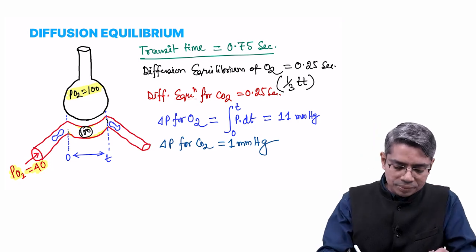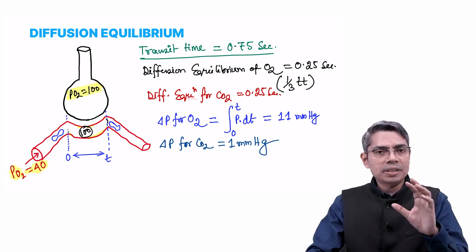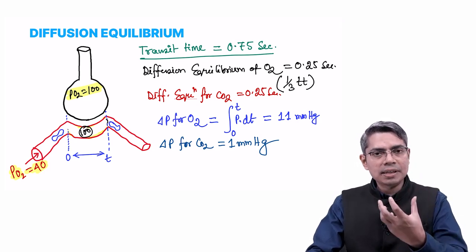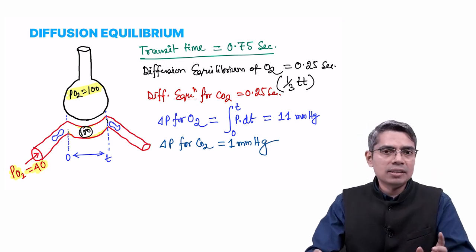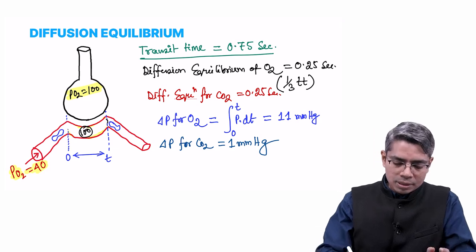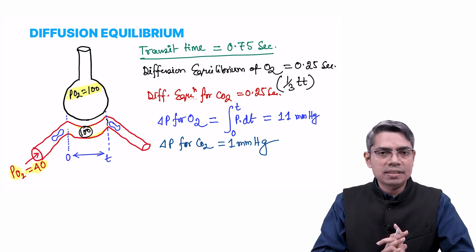Got it? So this concept is very important, that although the partial pressure difference between alveoli and capillary blood or the venous blood, if you are thinking 100 minus 40, that is not the exact scenario, because the difference of partial pressure is constantly changing, because more and more oxygen transport is happening, the partial pressure difference is decreasing.